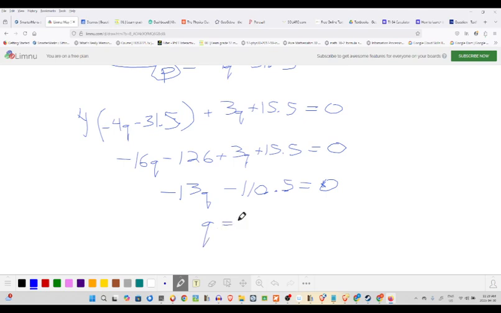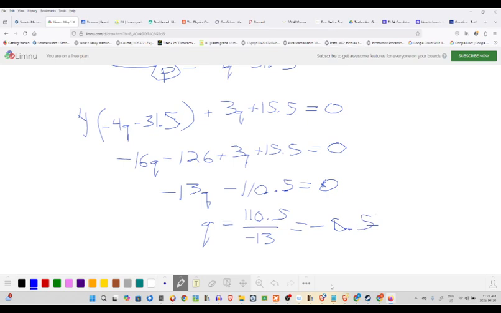So then q is 110.5 over a negative 13. And that works out to a negative 8.5.